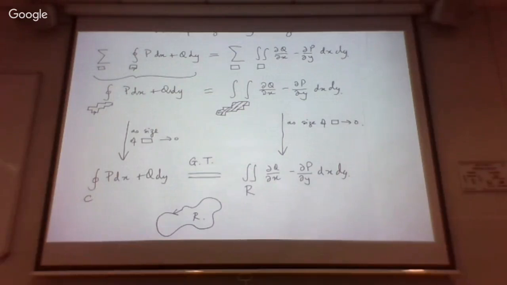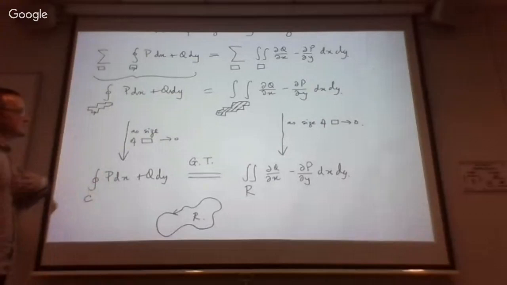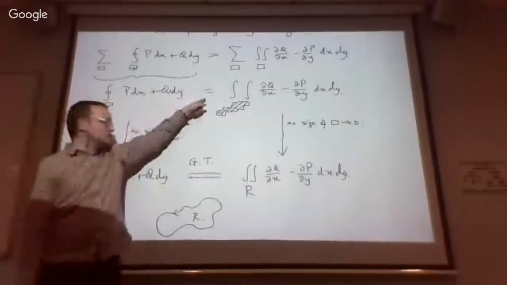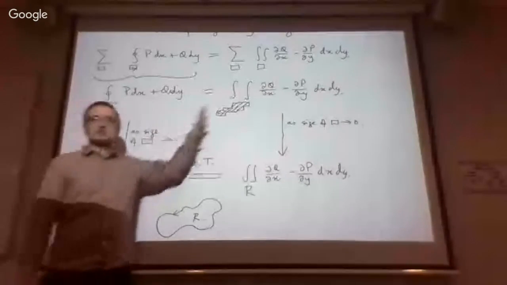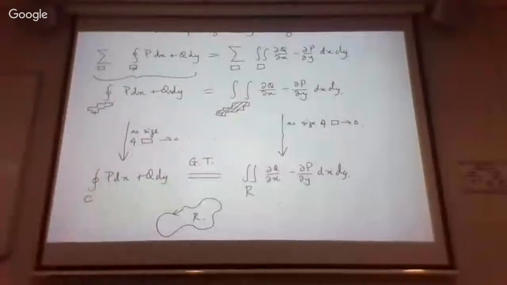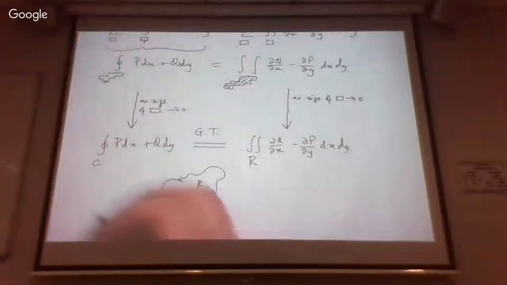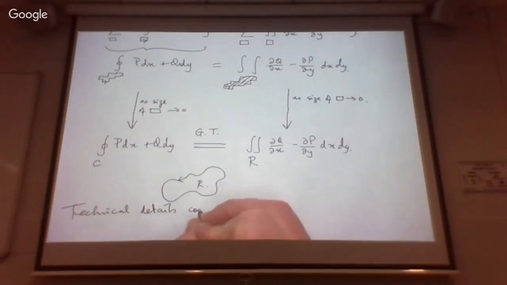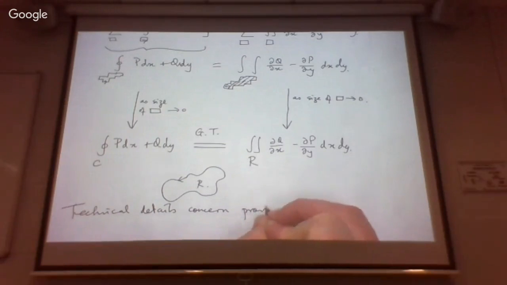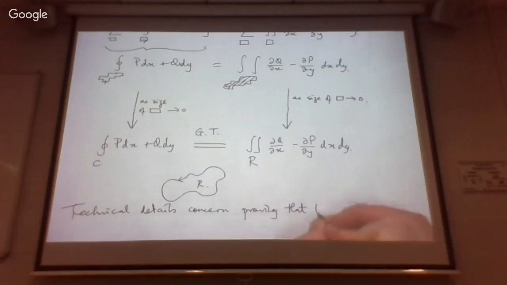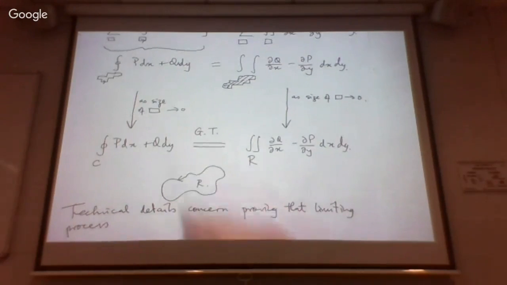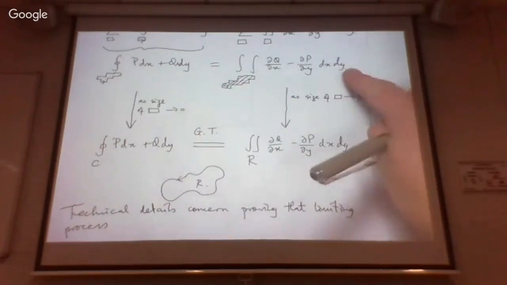The technical details that we're skimming over slightly say that if these two integrals here are the same, then as you take limits, the equality is preserved when you take the limit of the left-hand side and the limit of the right-hand side. So the technical details concern proving that the limiting process, this integral converges to this one and this converges to that one.